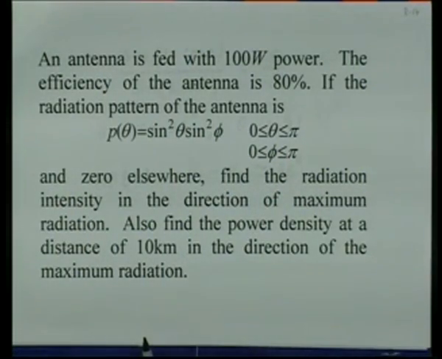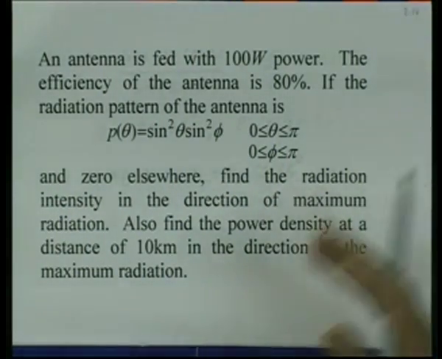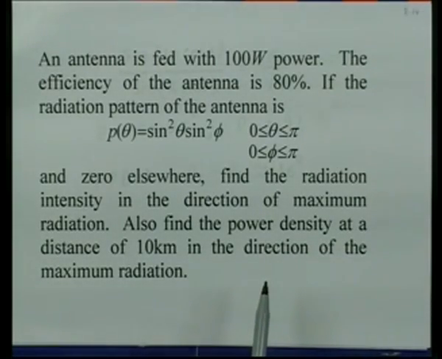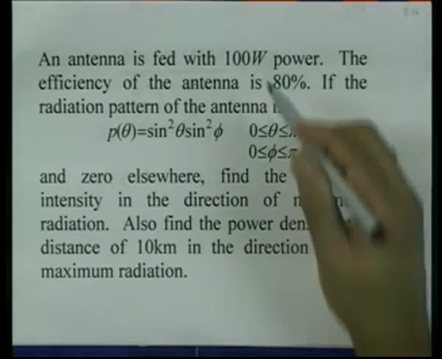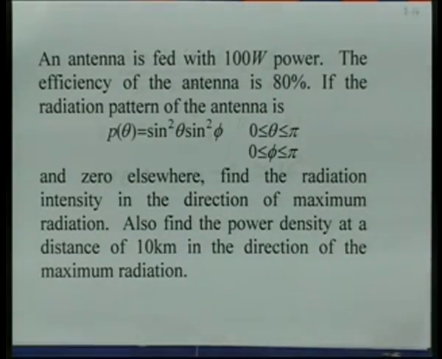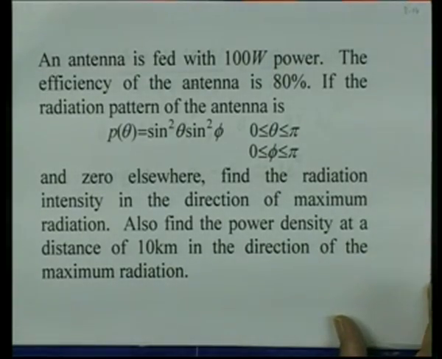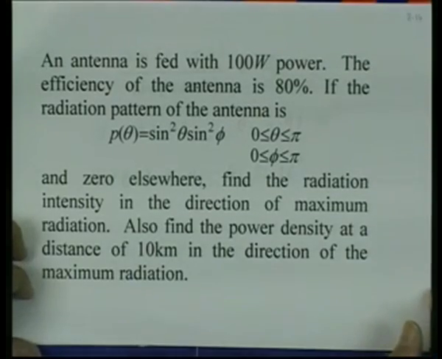So, the radiation intensity in the direction of maximum is increased compared to the isotropic antenna, and that increase essentially is related to the directivity of the antenna. So, we have to calculate the directivity of the antenna. We can calculate the radiation intensity for an isotropic antenna once we know the power radiated by the antenna, and then from there we can calculate the electric field or the power density at a given distance.